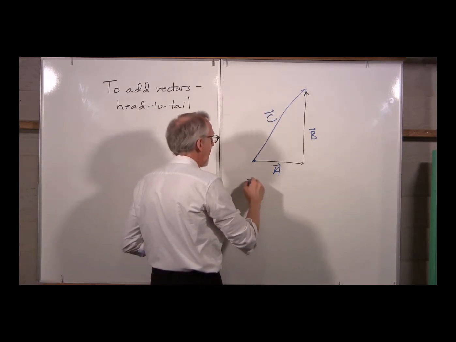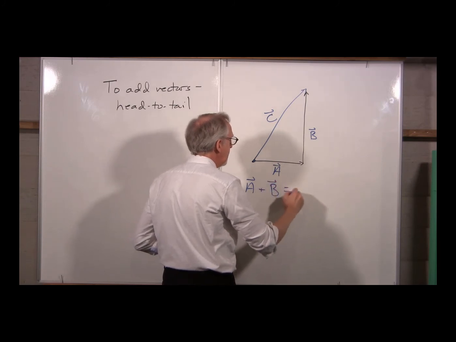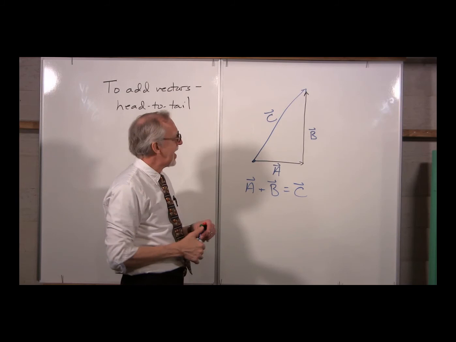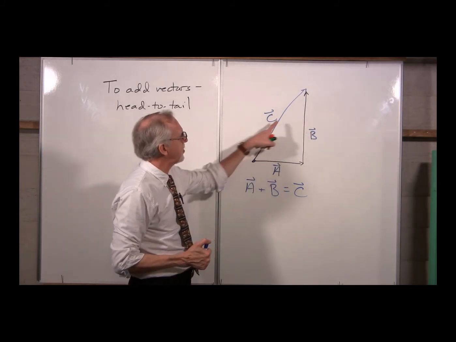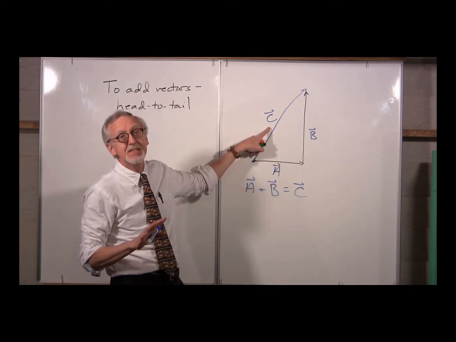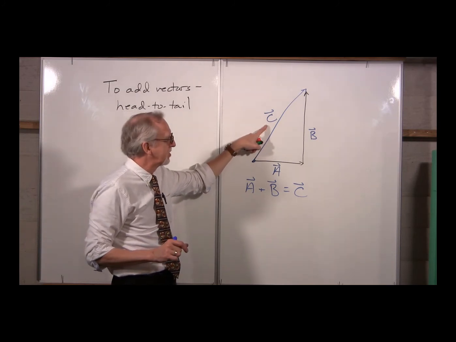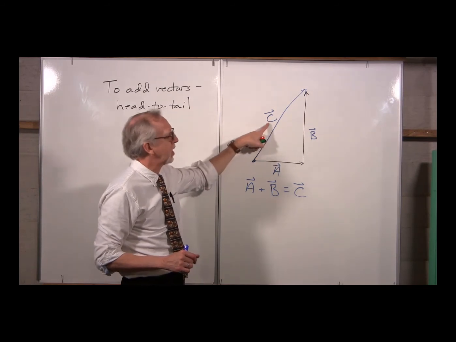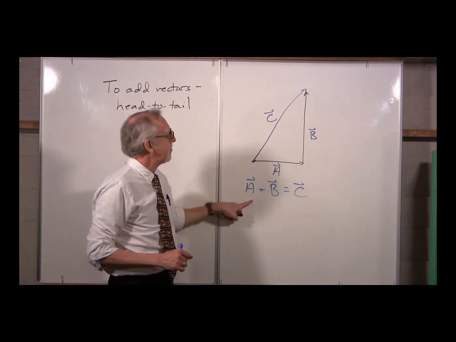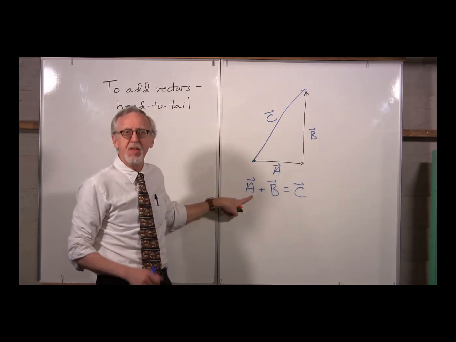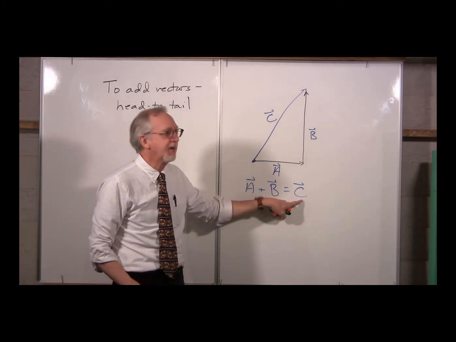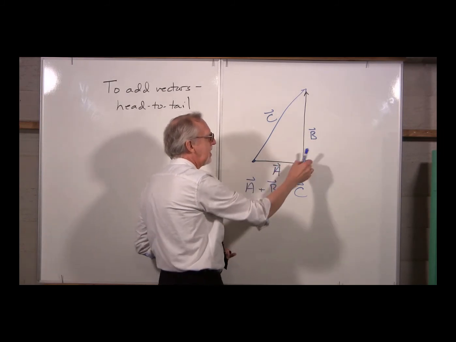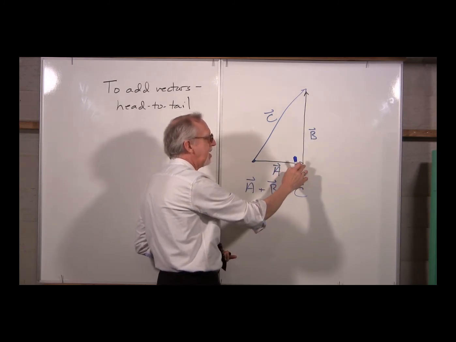In other words, A plus B equals C. Now, this is not to say that 5 kilometers plus 10 kilometers equals the length of this side. That's not how that works. We know actually that the length of this side would be the square root of 5 squared plus 10 squared. But for the vectors, we will say that the vector A plus the vector B equals the vector C. To add them together, we take the tail of B and we put it at the head of A.